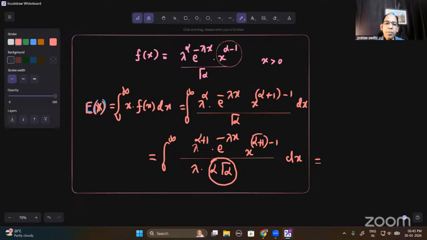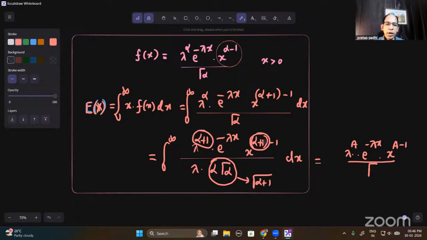If you want to replace it with another alpha or alpha dash, whatever you want, you write a here: lambda^a e^(-lambda x) x^(a-1) divided by gamma(a).